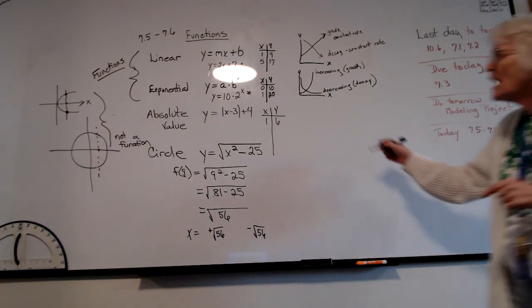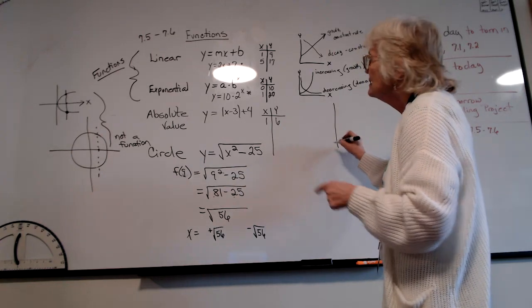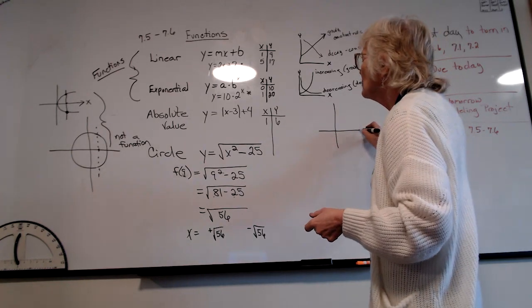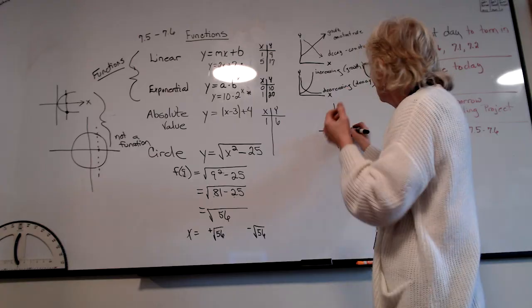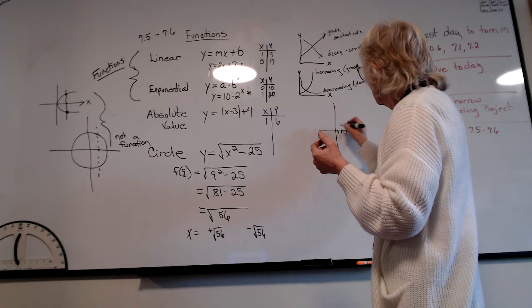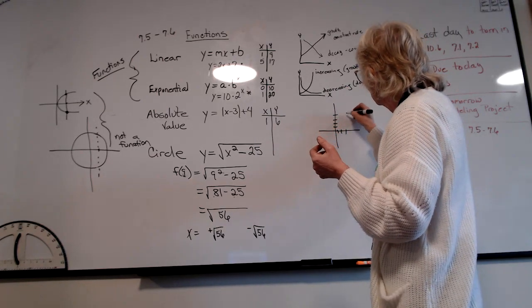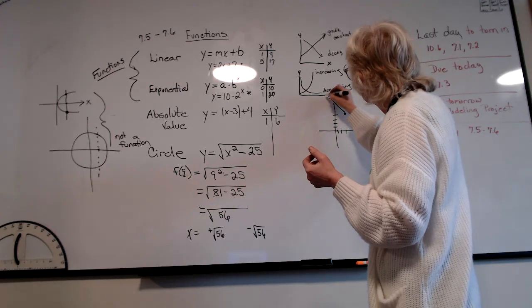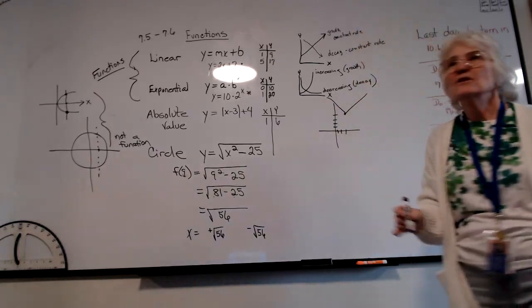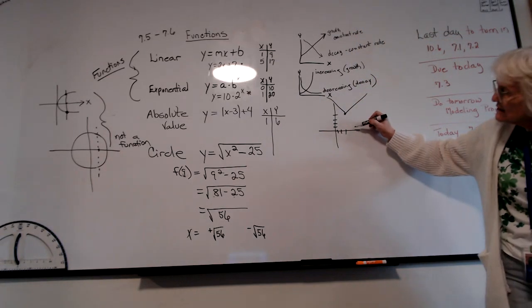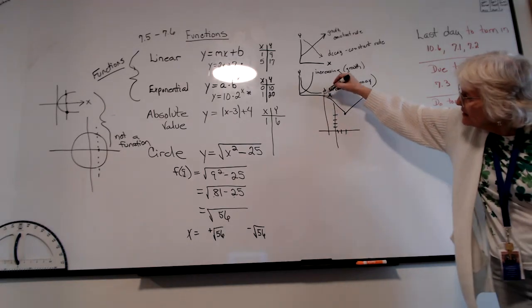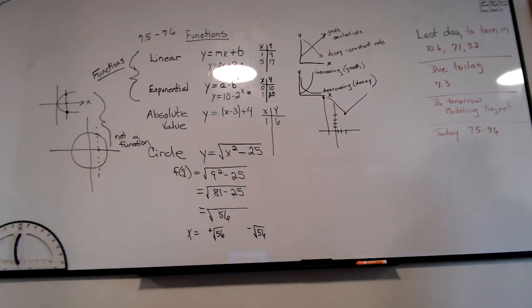Now, absolute value, if you look at it, that one's a little bit different. I will put it back. It's 3 and 4. This one will look like this. Notice, no matter what x I pick, if I put in x, I only get one value for y.